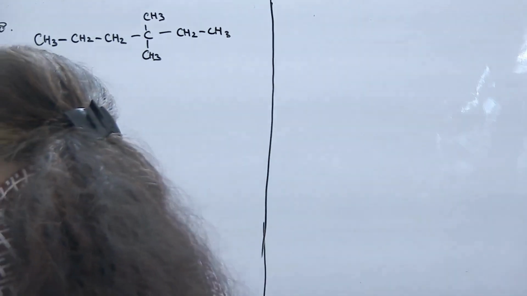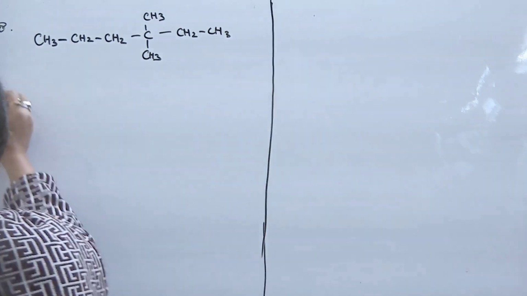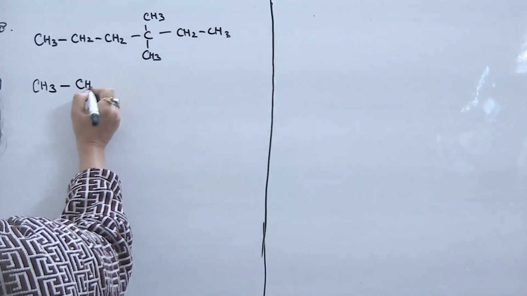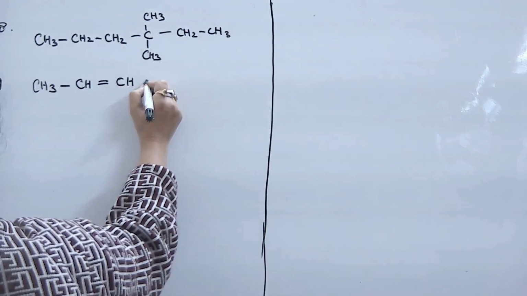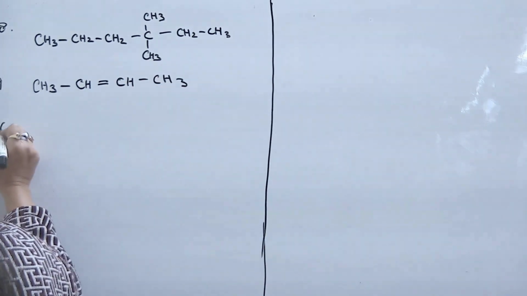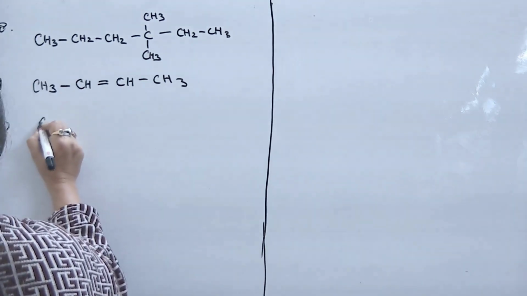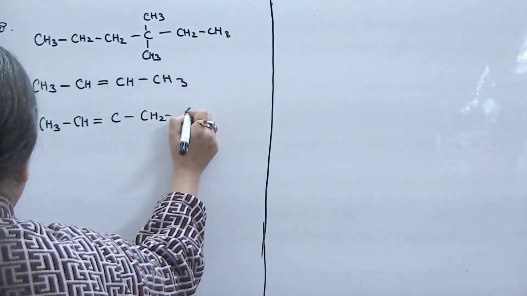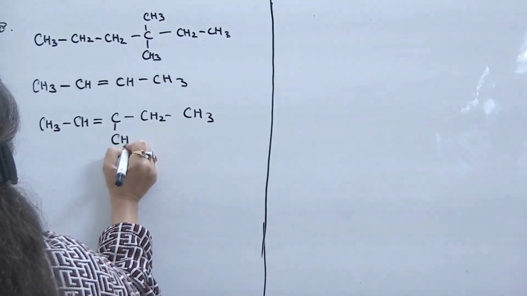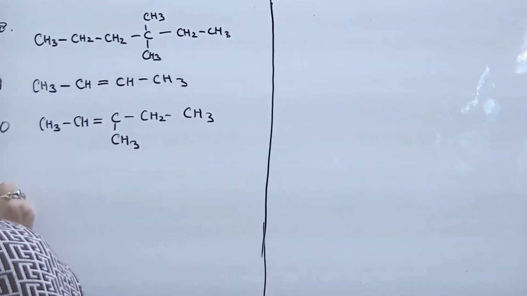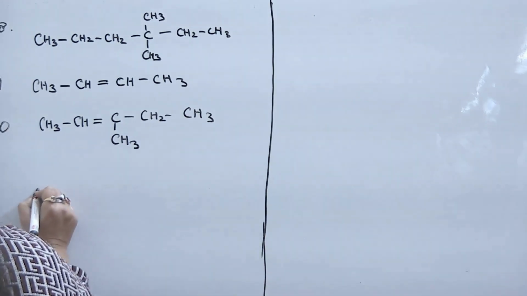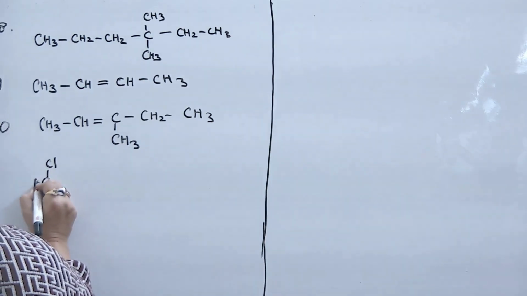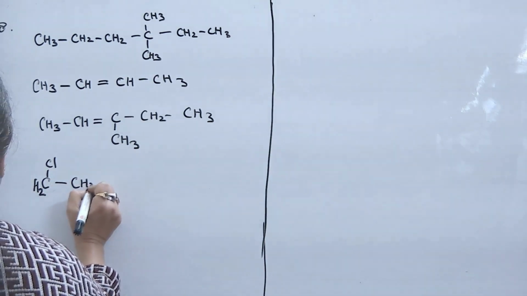You start naming the compound. Another example is CH3-CH double bond CH-CH3. Then CH3-CH double bond C-CH2-CH3, CH3, CH2, CH2.